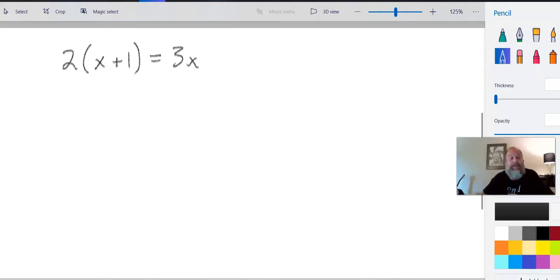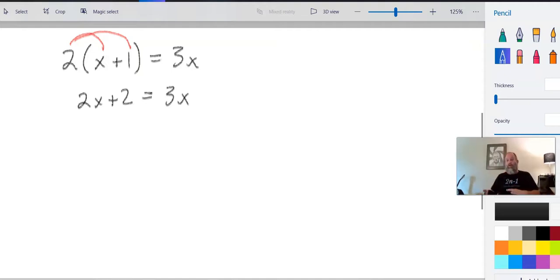There's things trapped in parentheses. Well, this is why I brought up the distributive property earlier. What we're going to end up doing is taking this 2 and multiplying it by each of the terms inside the parentheses. So from here, this is going to give me a 2x plus 2, right? Just multiplying that out. And then the other side is equal to 3x.